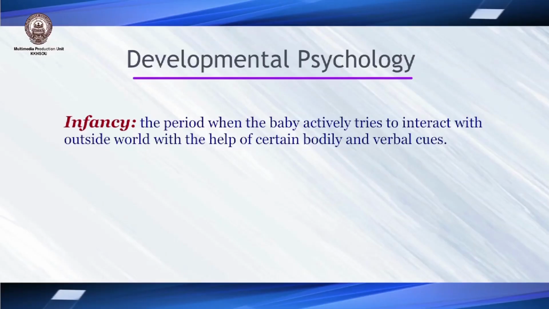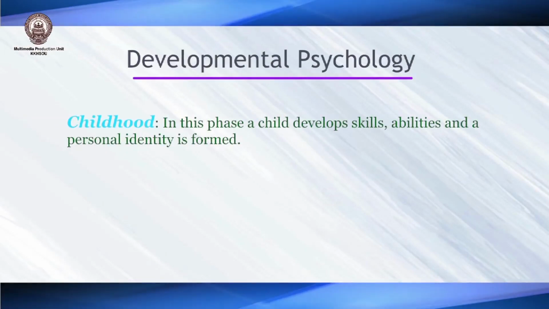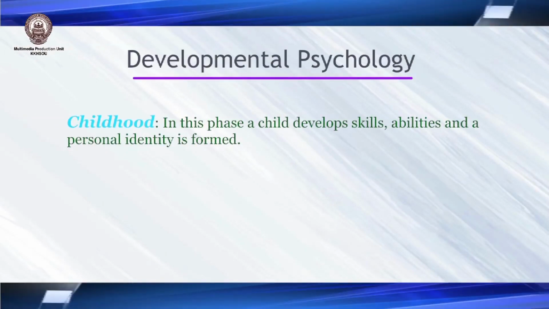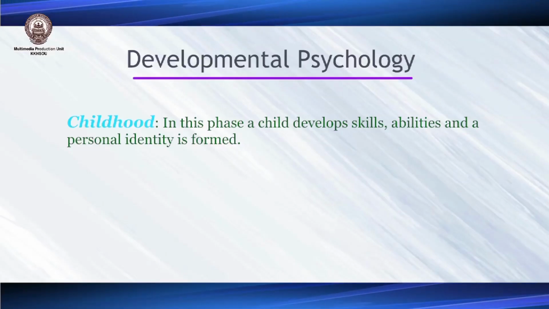Then comes the stage of childhood, and in this phase, the child develops skills, abilities, and a personal identity, where the child is seen as a growing entity which has its own identity and its own likings and dislikings. It has its own ways of behaving.